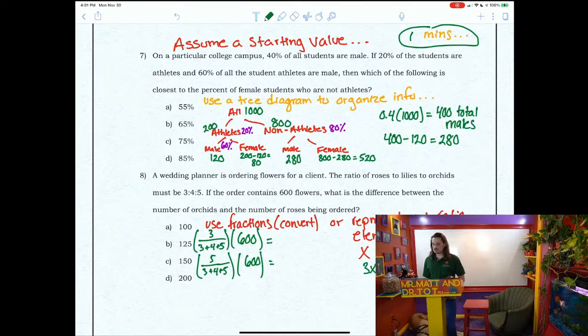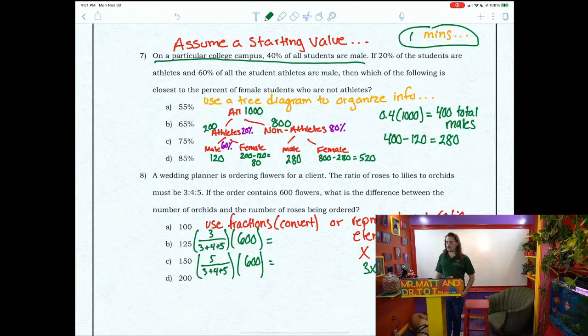Of the 800 non-athletes, I know, they say overall in this very first sentence, that 40% of all the students are male. So if 40% of all the students are male, that means 40% of 1,000, or 400, so there must be 400 males at this college.